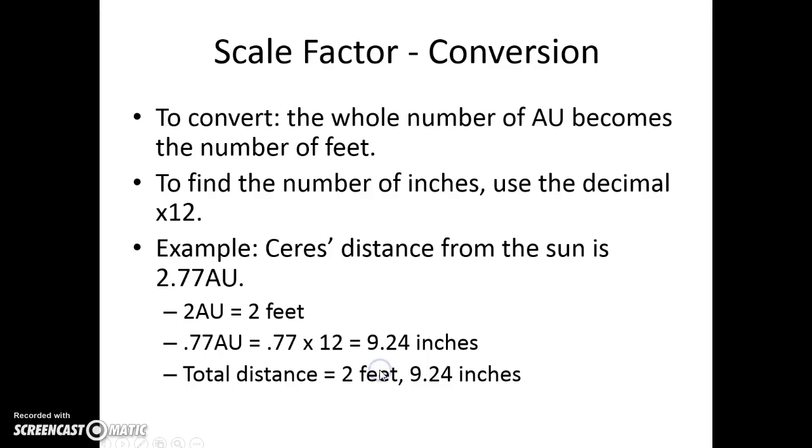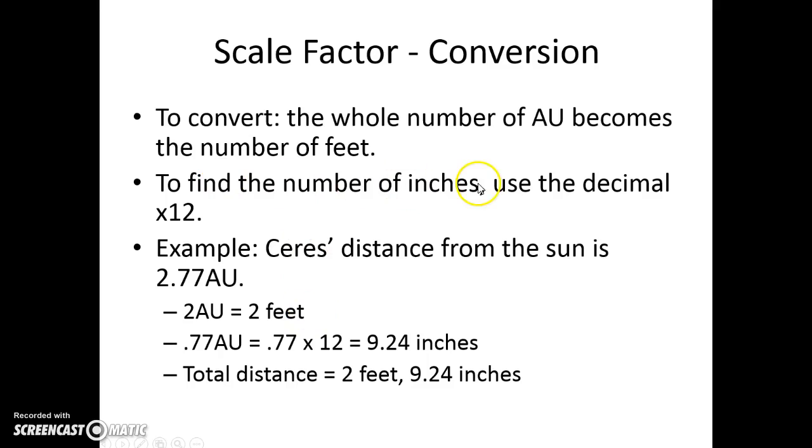The only math that you're going to need to do is to convert from your decimal of an AU into feet and inches. Okay, so the number of feet is the number of AU. That part is very simple. So we have this example. Ceres is an asteroid. It's in the asteroid belt. Its distance from the Sun is 2.77 AU. The 2 AU converts directly to 2 feet, so that's very simple.